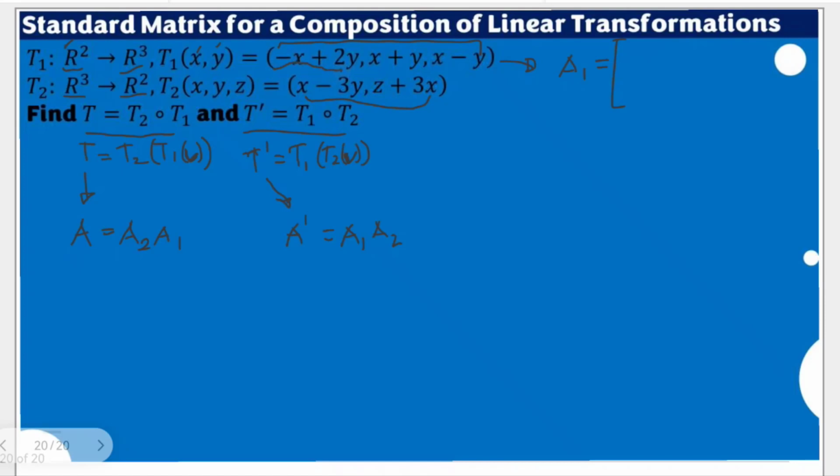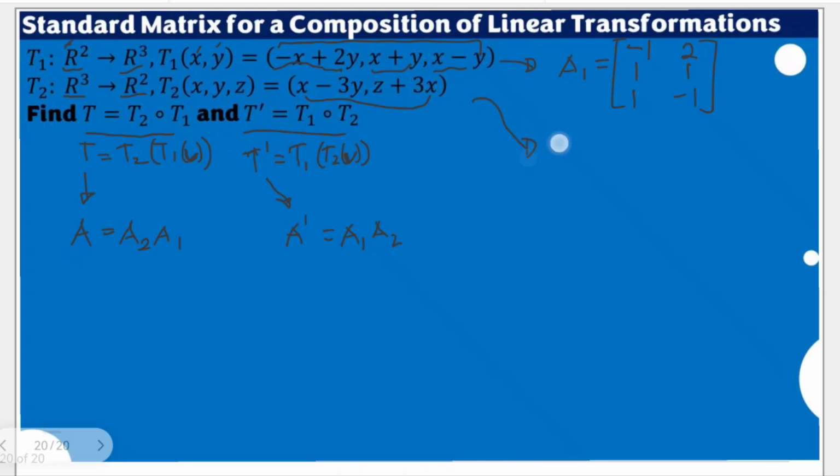From each of these entries here. We start with the first, negative x, so that's negative 1, and plus 2y, that's your second entry here, 2. Next, x plus y, that's 1x plus 1y, and finally x minus y, so you have 1x minus y. Notice again, we have two columns as this is an element of our domain here.